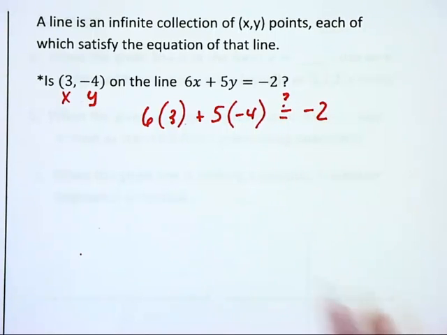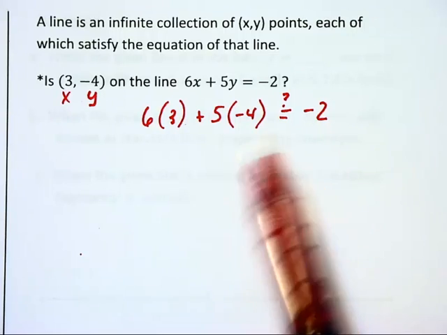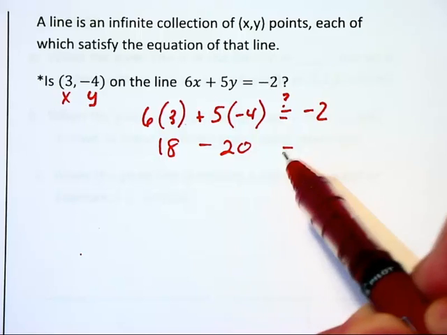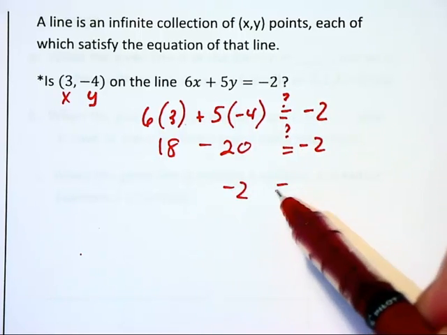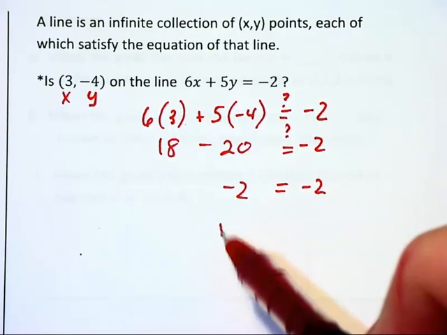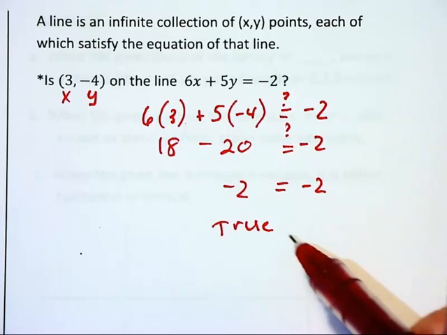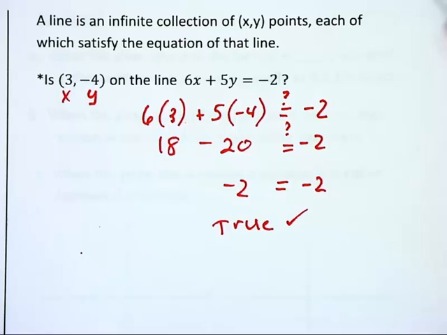Technically there's a question mark over that equal sign because we're testing whether this is true or not. We have 18 minus 20. Is that equal to -2? And the answer is yes, -2 is equal to -2, and this is a true statement. This ability to check whether a point is on the equation of a line is an essential skill.